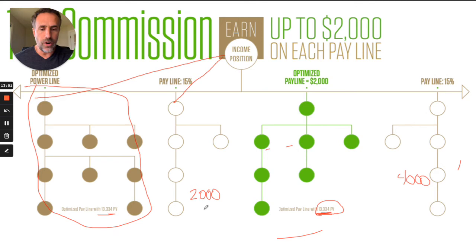So you will earn 15% of line 2, all right? So in this example, that's going to be $300 US. Line 3, it's at 13,334, so it has optimized. So that is, if you do 15% of 13,334, you'll see that it's $2,000, okay?